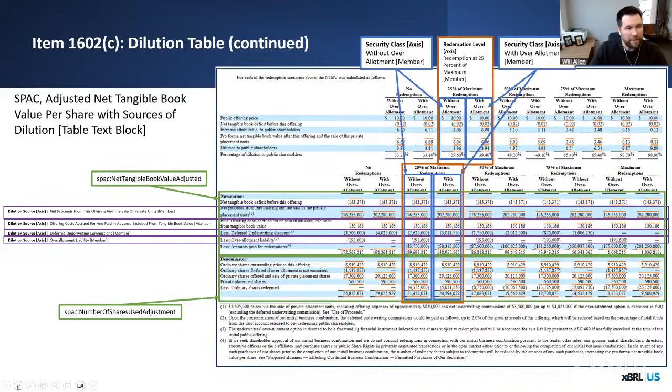And then if we jump down to that second table, we have the numerator and denominator there. There's actually only 2 concepts being tagged there: the net tangible book value adjusted and the summary of shares used adjustments. Those are both in green there, but they're differentiated by all of those vertical dimensions for the securities class and the redemption levels, and then further differentiated by all of those purple dimensions that I've highlighted there.